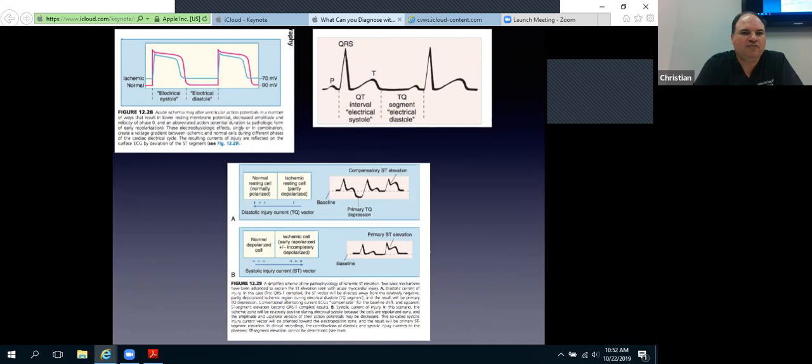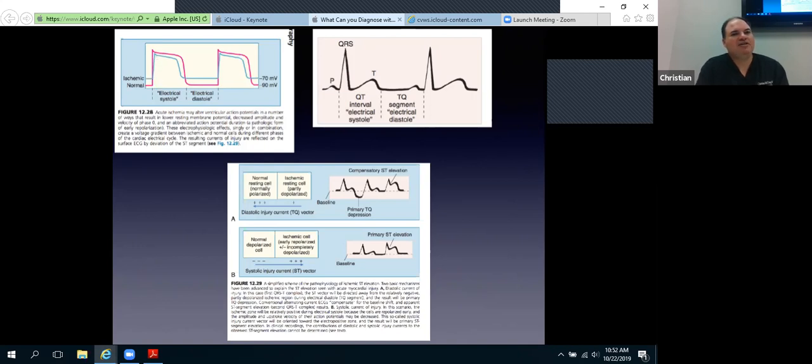Okay. So red or pink is normal, right? And so what happens in an ischemic injury is that you're losing strength, right? The muscle's dying, so it's not going to be as strong. So the potential decreases. So first of all, you get a lower potential, right? Top to bottom is lower.